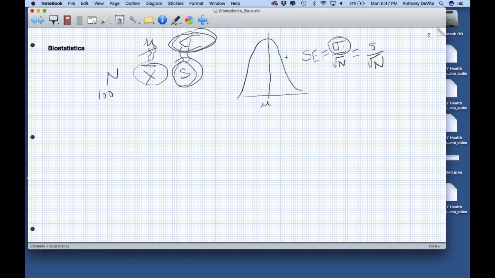So if we know the population standard deviation, or if we could, we know that if we took repeated samples from a population that has a mean of mu, 95% of those samples of that size are going to be within roughly two standard deviations, really 1.96 standard deviations, of that mean, whatever that mean is, right? So 95% of the time, we're going to get a sample mean in that range.